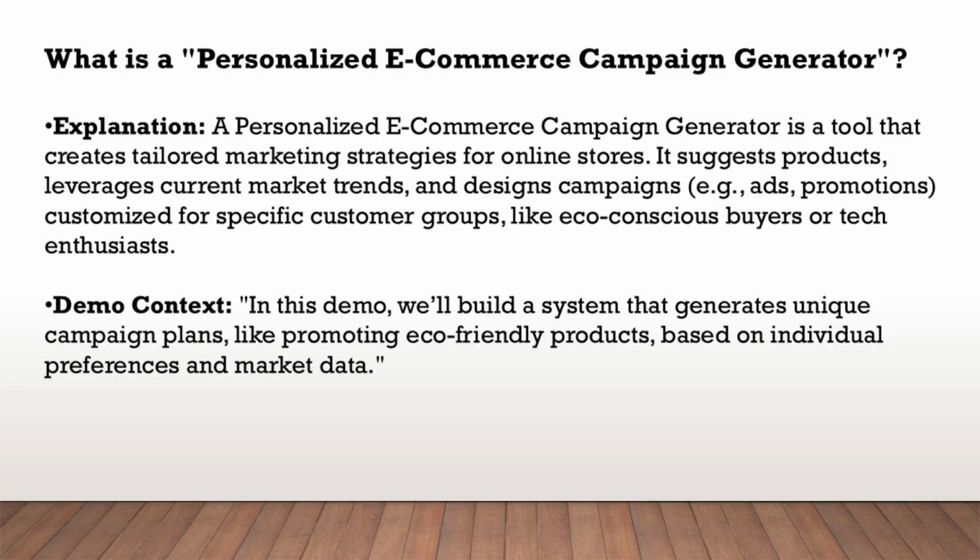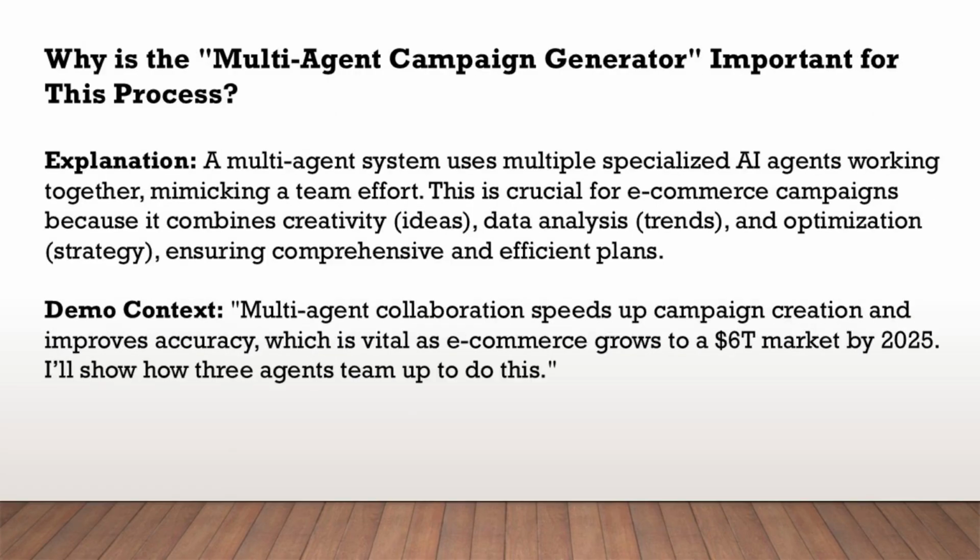Demo context. In this demo, we will build a system that generates unique campaign plans, like promoting eco-friendly products, based on individual preferences and market data. Now let's understand the why part. Why is the multi-agent campaign generator important for this process? A multi-agent system uses multiple specialized AI agents working together, mimicking a team effort.